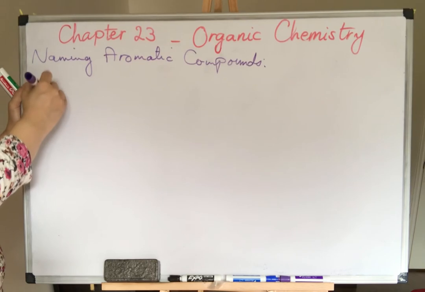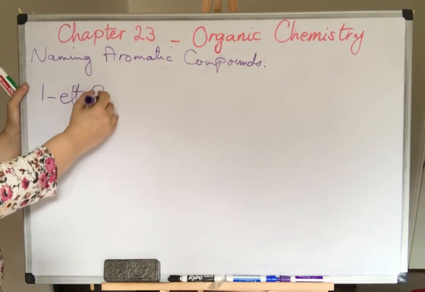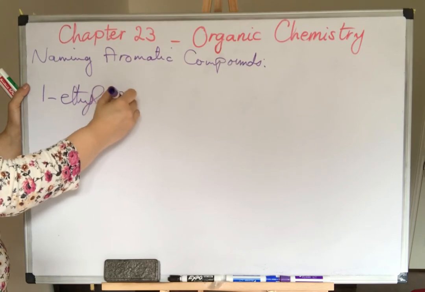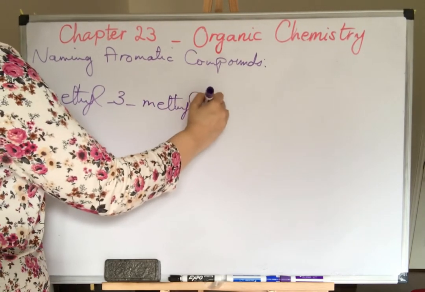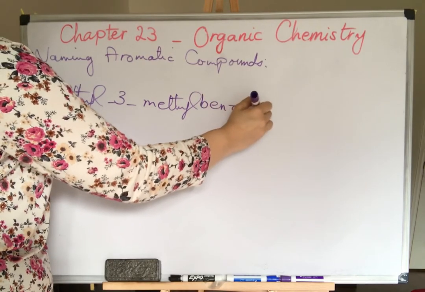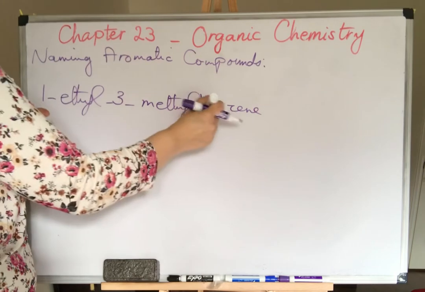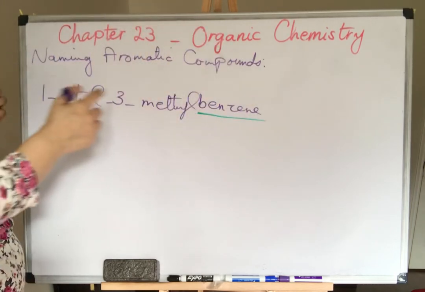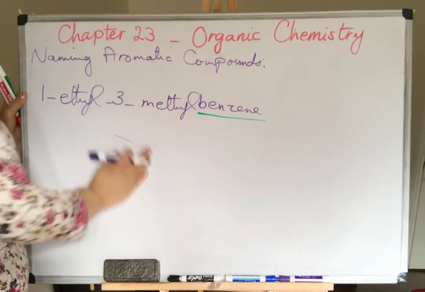Let's draw 1 ethyl, 3 methyl benzene on slide number 61. I told you, whenever you go from name to the structure, you look at the ending of the name. There is a benzene. So let's draw it here.